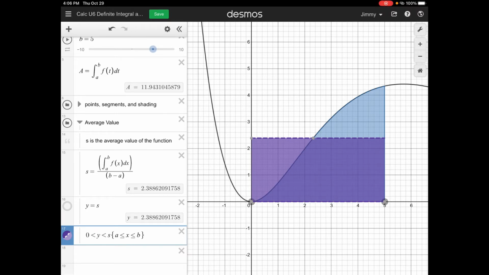The mean value theorem for integrals guarantees that there will be some number between 0 and 5 where the function we found the average value of will have that y value. In this case, the x value along the curve that has that y value is 2.319. So that is the value guaranteed by the mean value theorem for integrals.